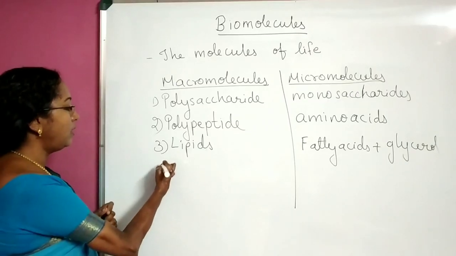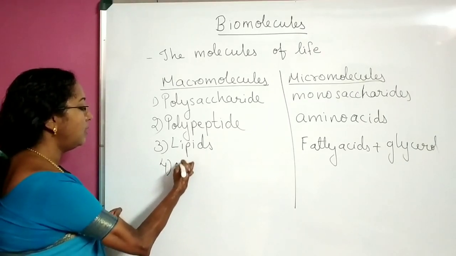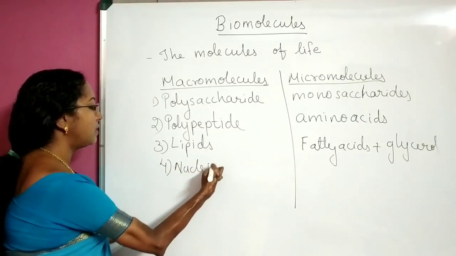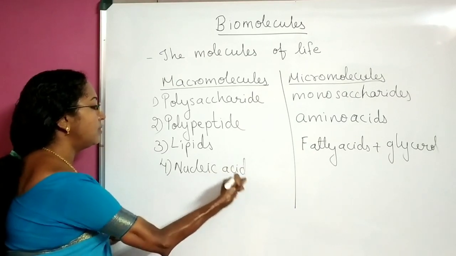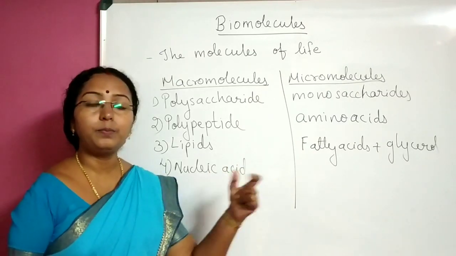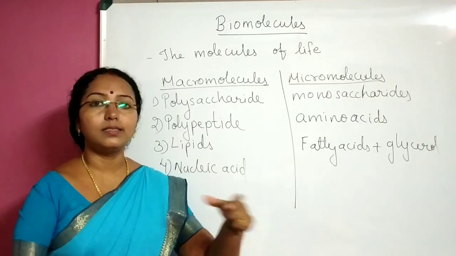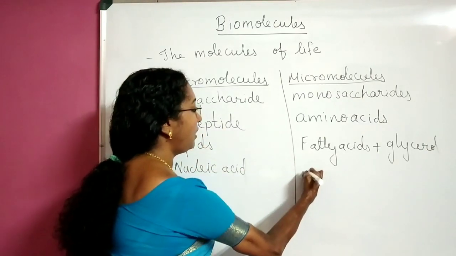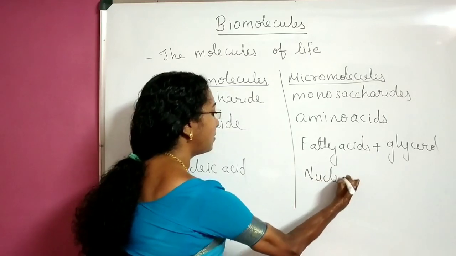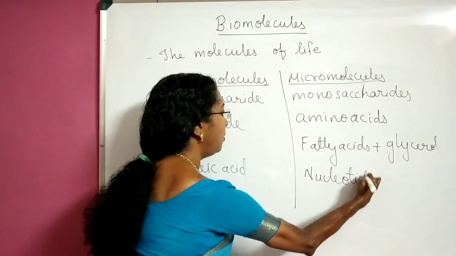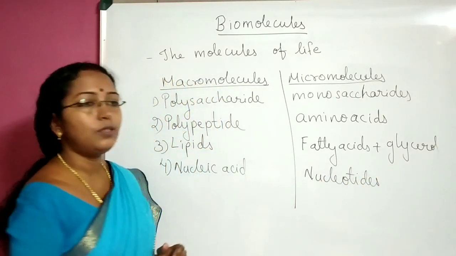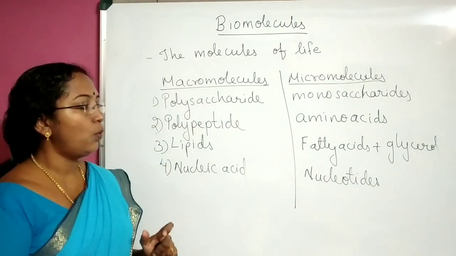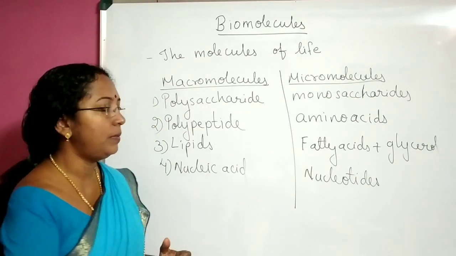Now the fourth one is the nucleic acid. Actually, this is the molecule which we had dealt with in the previous sessions, the structure of nucleic acid. We can say the nucleic acid is made up of nucleotides. And what is this nucleotide made up of?